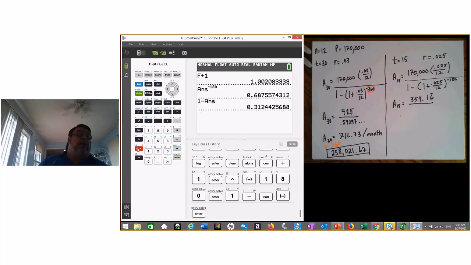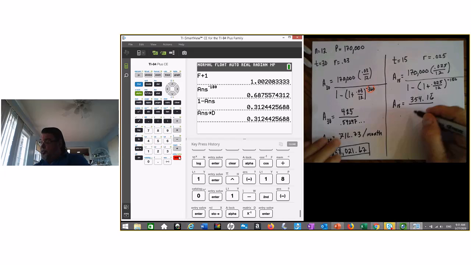So alpha denominator, and that's 0.31244 dot dot dot.